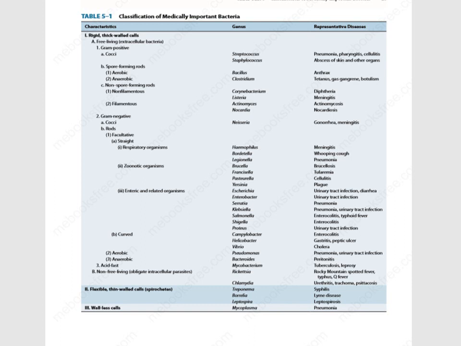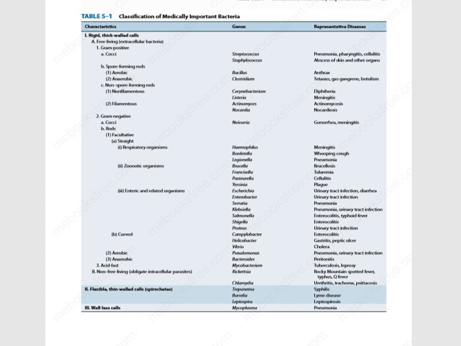Regarding non-free living bacteria, we have Rickettsia and Chlamydia. So these are the examples of the rigid thick walled cells. And about the flexible thin walled cells, we have Treponema, Borrelia, and Leptospira as the basic examples.